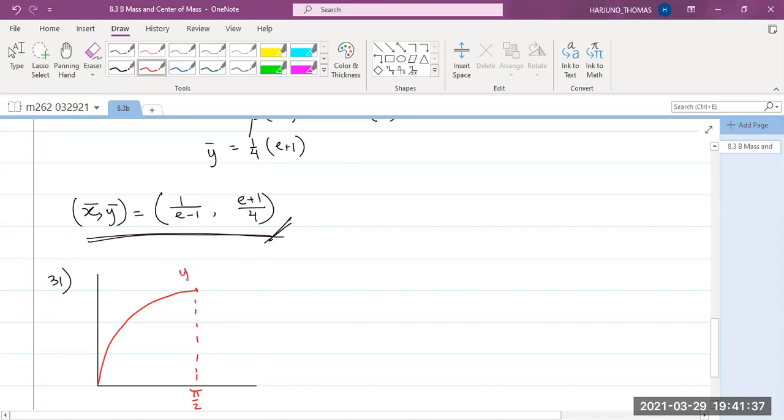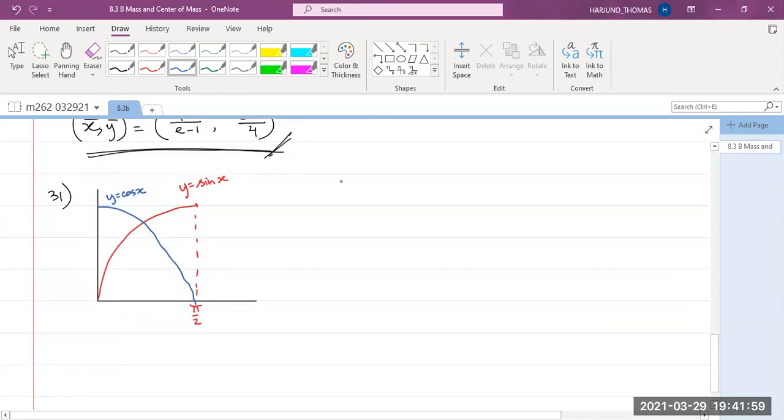That's y equals sine x, and y equals cosine x looks like this. x equals 0 is here, and x equals pi over 4.